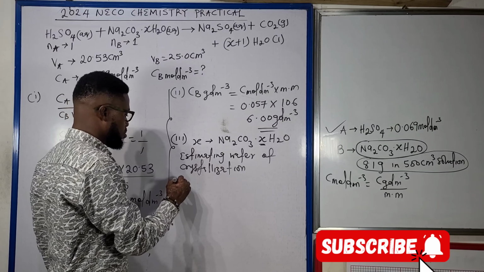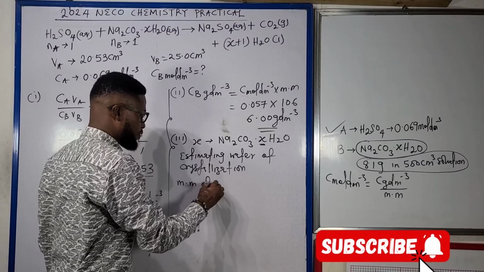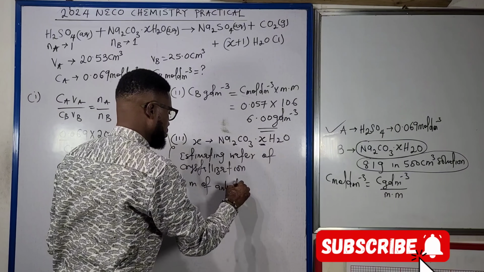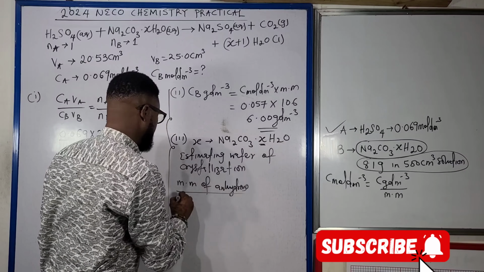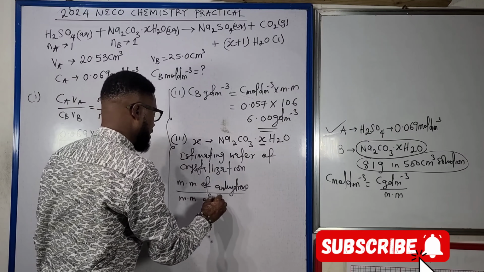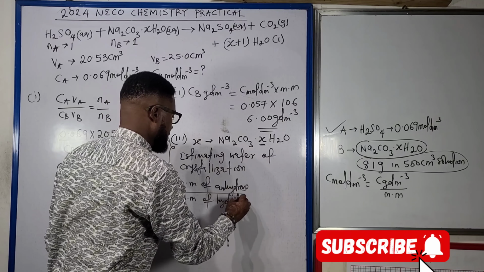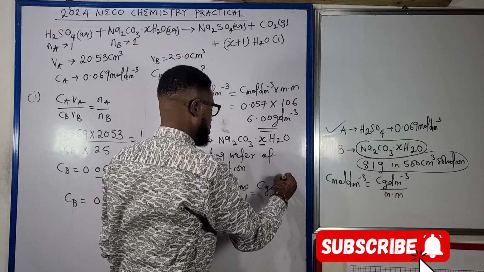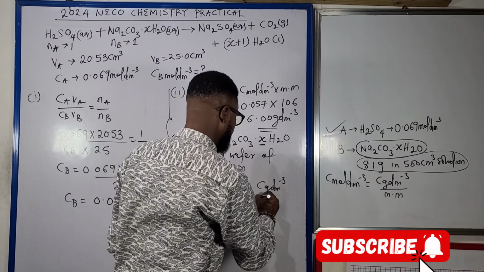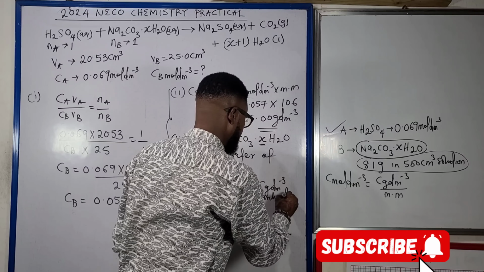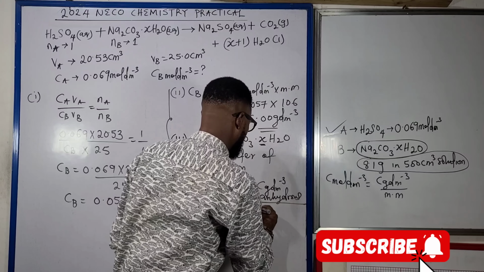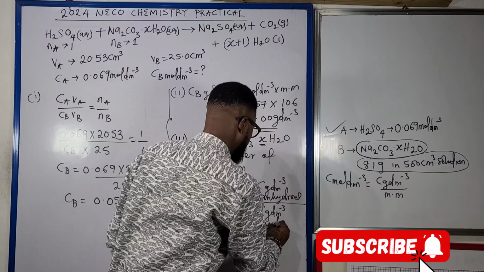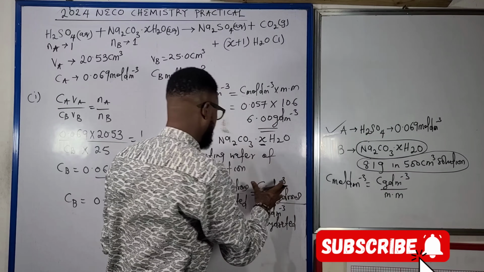We're going to say molar mass of anhydrous divided by molar mass of hydrated, equals concentration in gram per dm cube of anhydrous divided by concentration in gram per dm cube of the hydrated form. Look at it very well.